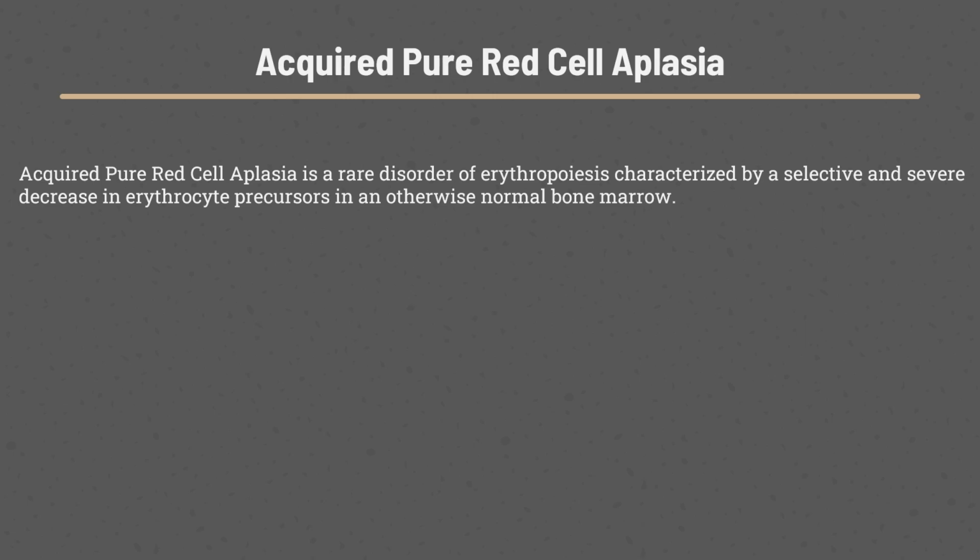Acquired pure red cell aplasia is a rare disorder of erythropoiesis characterized by a selective and severe decrease in erythrocyte precursors in an otherwise normal bone marrow. It may occur in children or adults and can be acute or chronic.